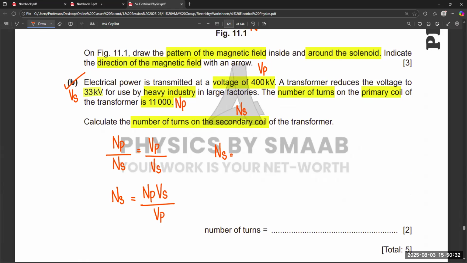Number of turns in primary coil is 11,000. Voltage in secondary coil is 33,000 divided by 400 kilovolt.